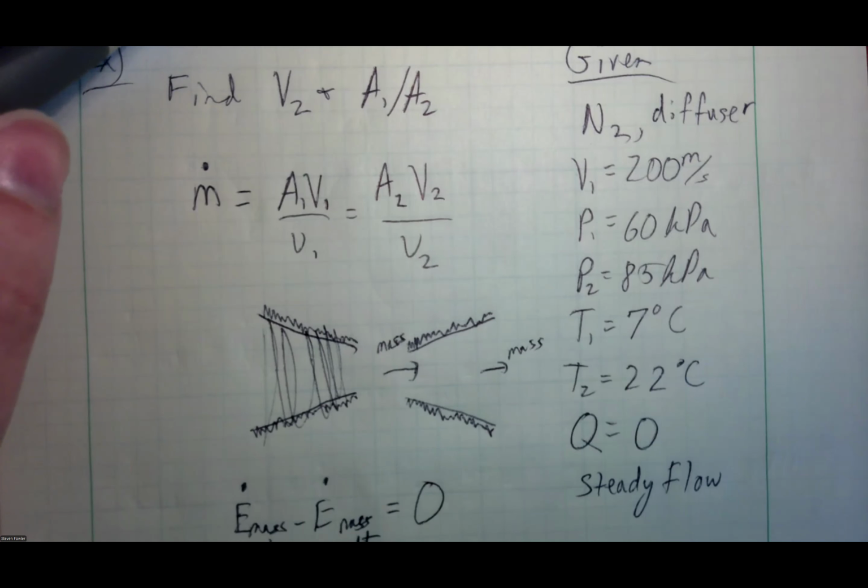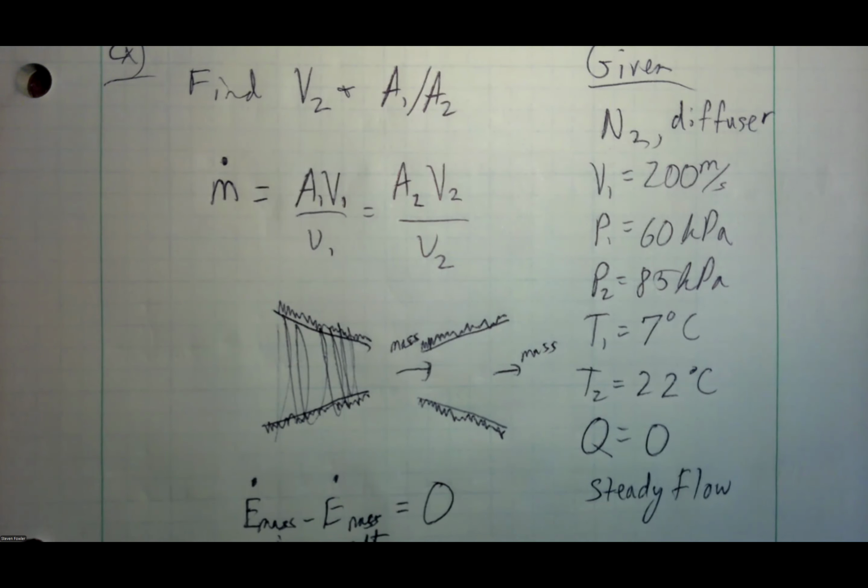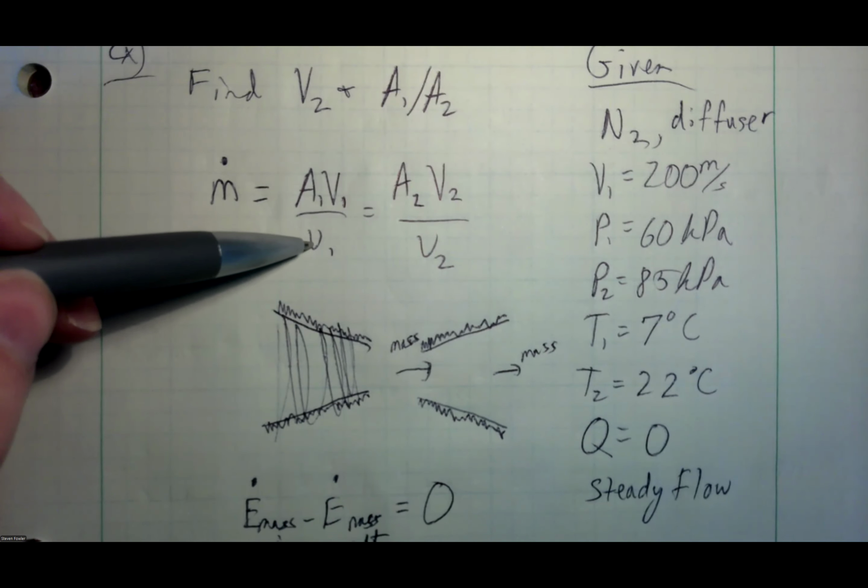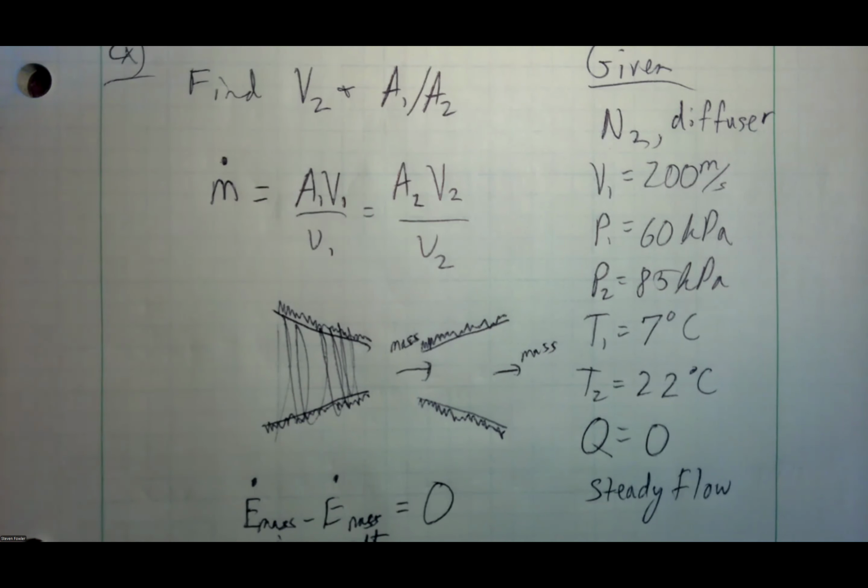Somebody will say, well, what about table properties? Well, no, actually, your tables don't give you specific volume for an ideal gas. So for an ideal gas, I'm going to need some other tool for finding specific volumes, little v, other than property tables.